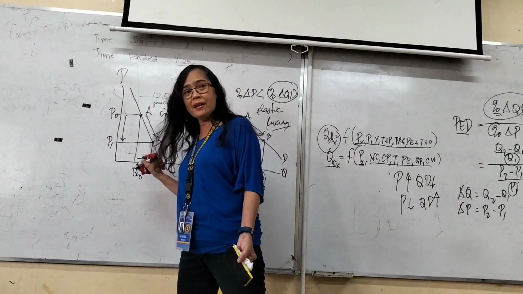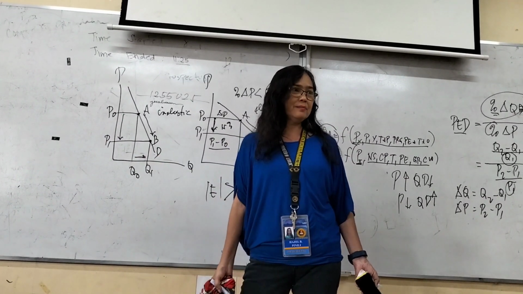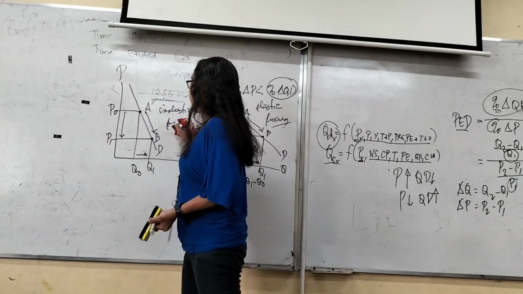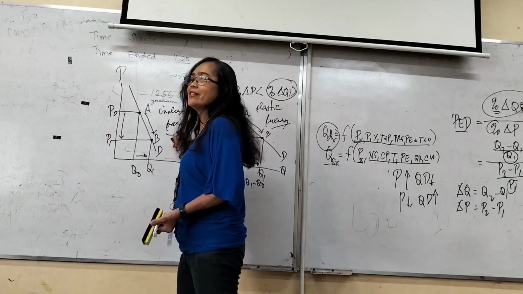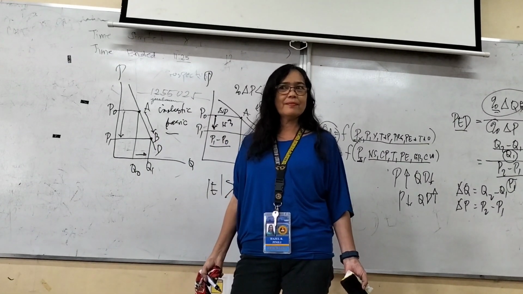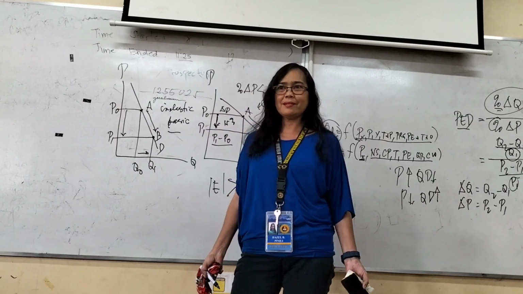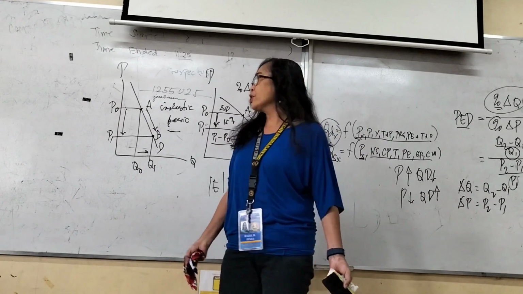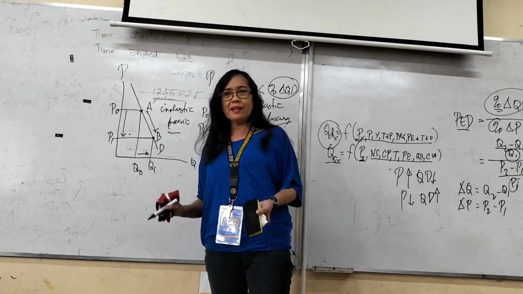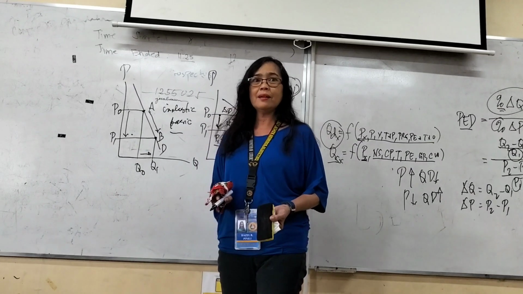Although they will respond to the price change, the response is very small, or in a small percentage, because these products are considered as basic needs. We cannot survive without buying those products. So when there is a decrease in the price, although there is an increase in the quantity, the percentage is less.